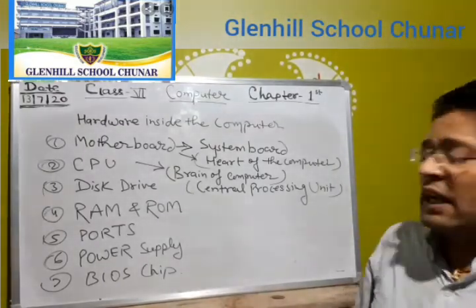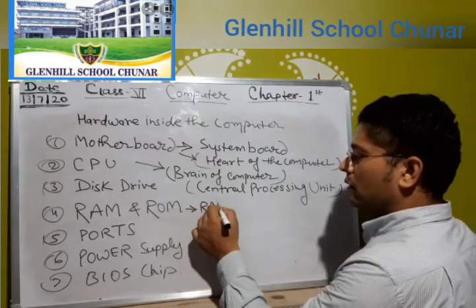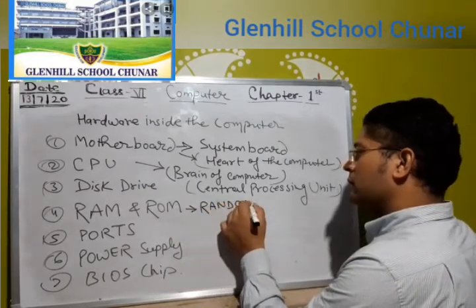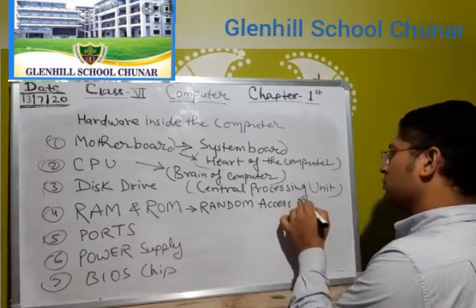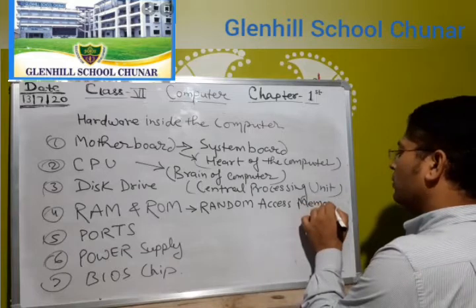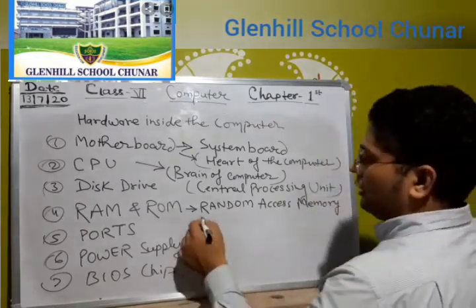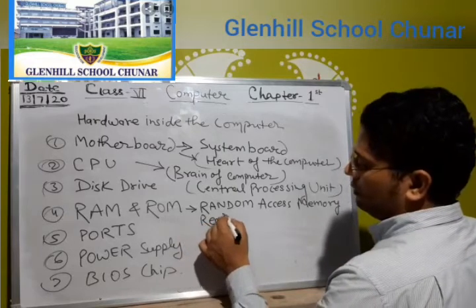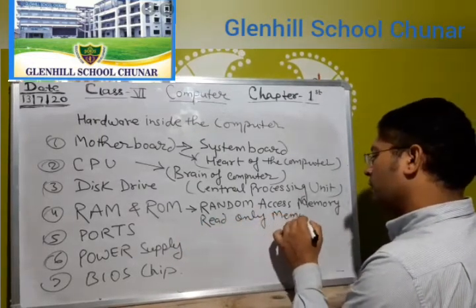And after that, RAM and ROM. This is RAM, random access memory. Random Access Memory is the full form of RAM, and ROM is Read Only Memory.